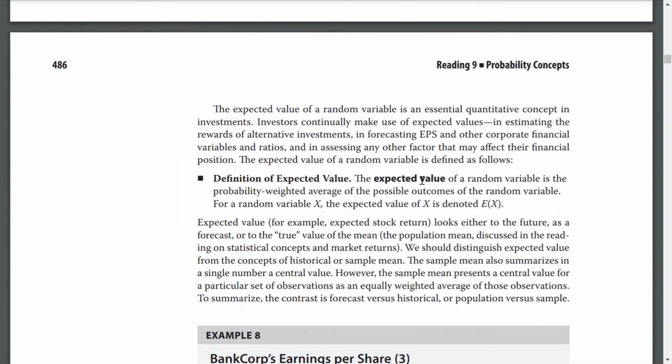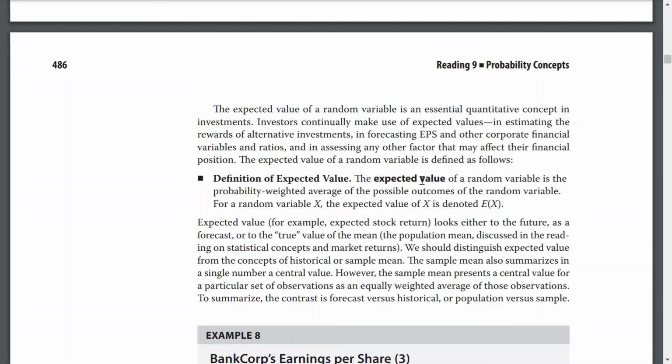The expected value of a random variable is an essential quantitative concept in investments. Investors continually make use of expected values in estimating the rewards of alternative investments, forecasting EPS and other corporate finance variables and ratios, and assessing any other factors that may affect their financial position.